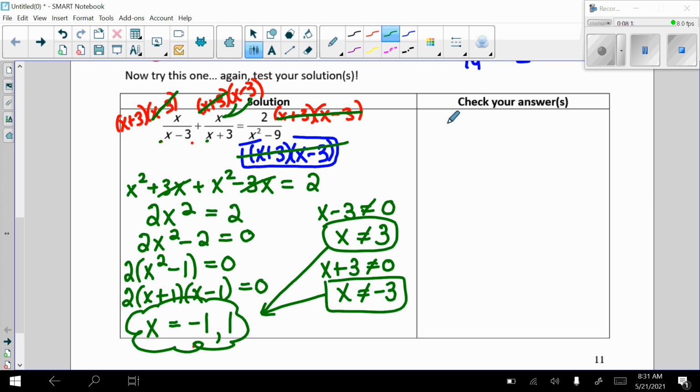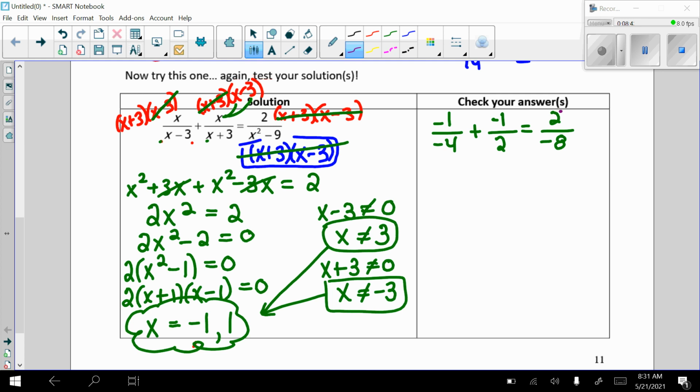So we're going to check, I'll check negative 1 first. So negative 1 over negative 1 minus 3 is negative 4 plus negative 1 over negative 1 plus 3 is 2 equals 2 over negative 1 squared is 1 minus 9 is negative 8. I don't know, you might do this differently than me.